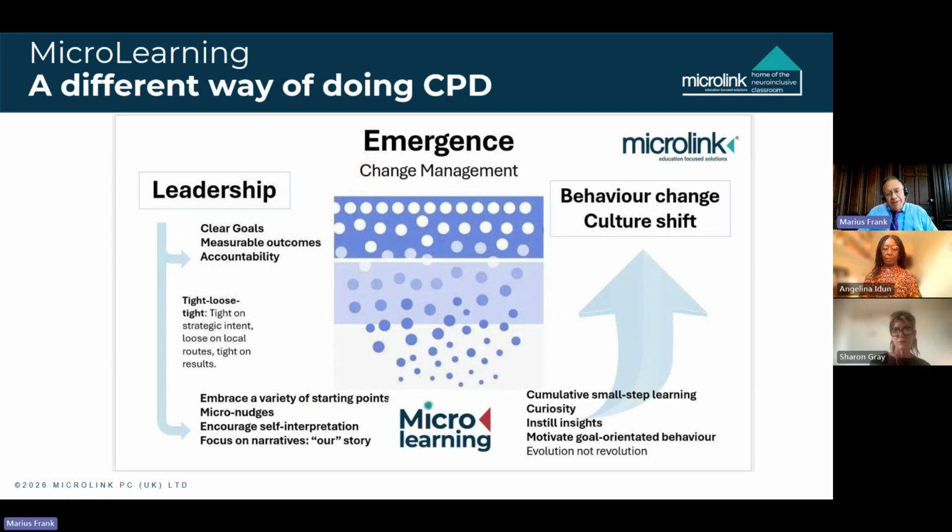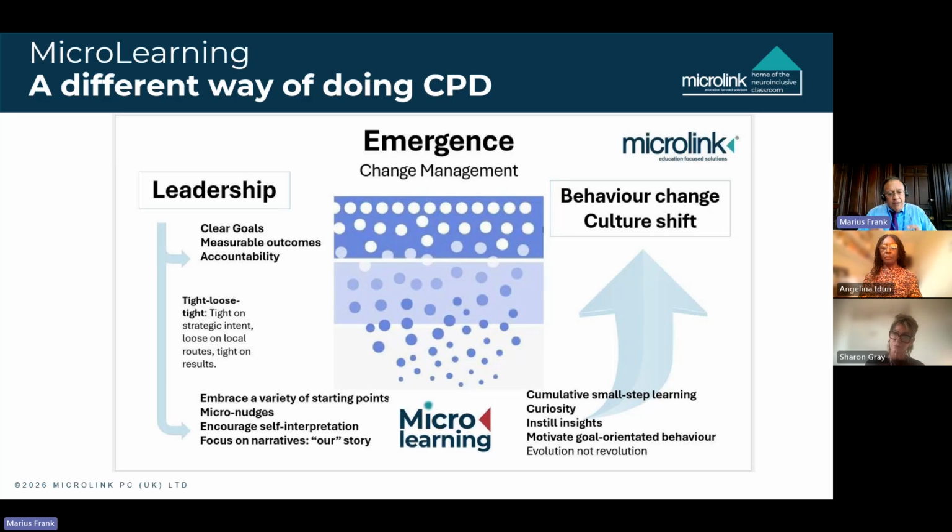You can look it up on Google, you can look it up on AI. But emergence is a theory of change where leadership sets clear goals, measurable outcomes, and accountability really tight, but embraces a variety of starting points. Small micro nudges which encourage self-interpretation in very knowledgeable professionals, focusing on narratives.